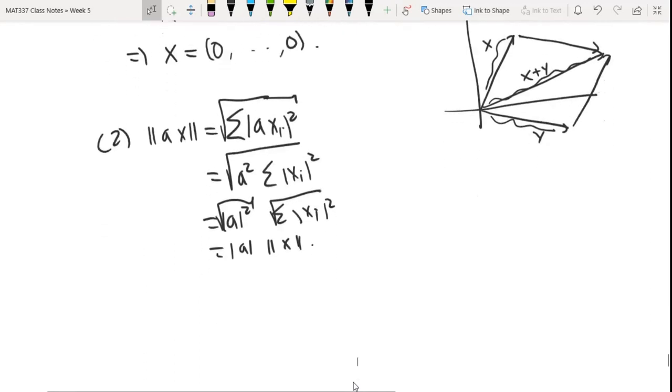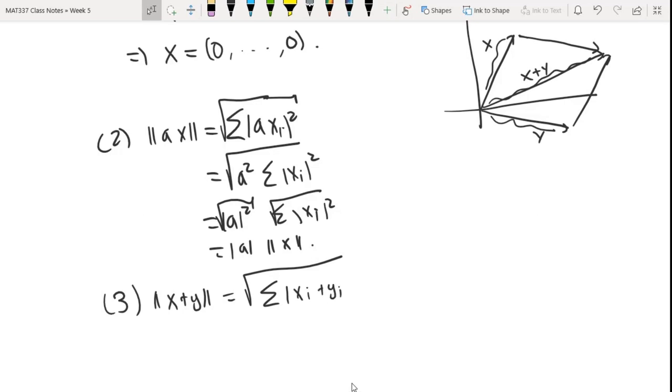Okay. And finally, the triangle inequality. So x plus y. So I'll leave this to you. This is not too hard.